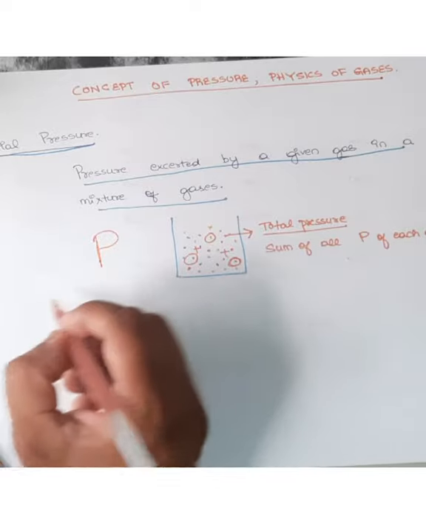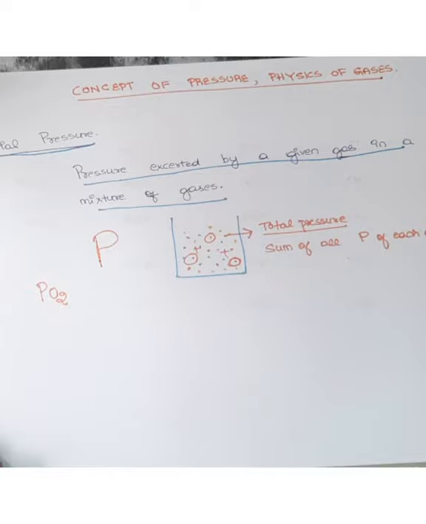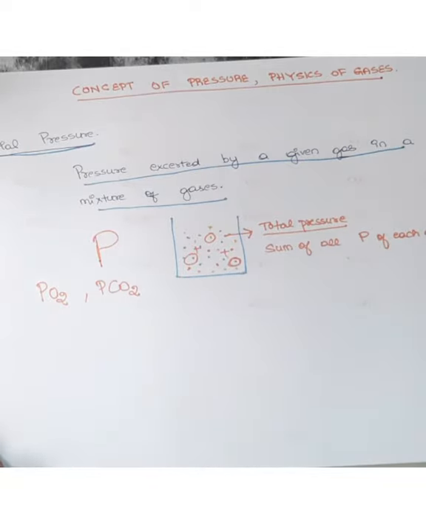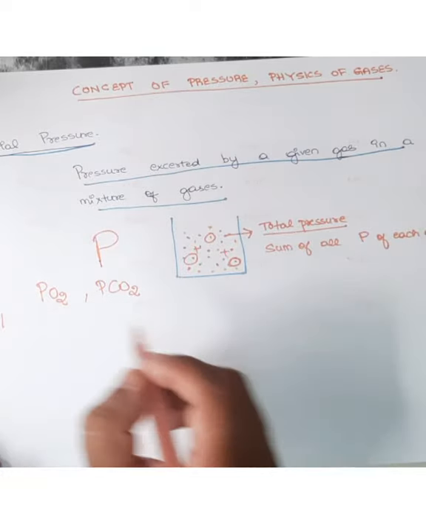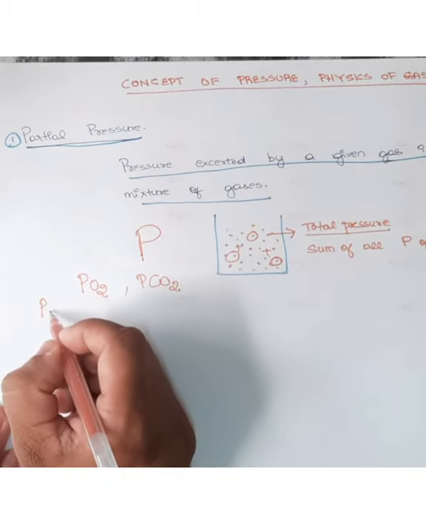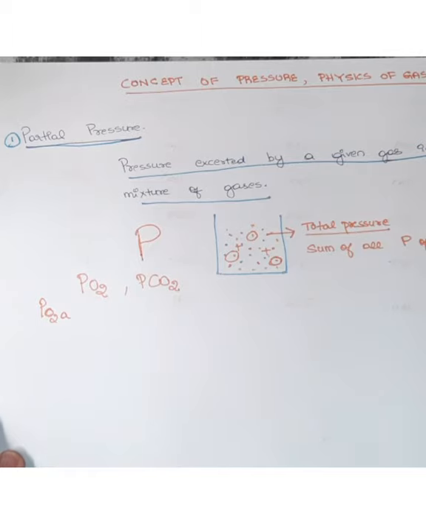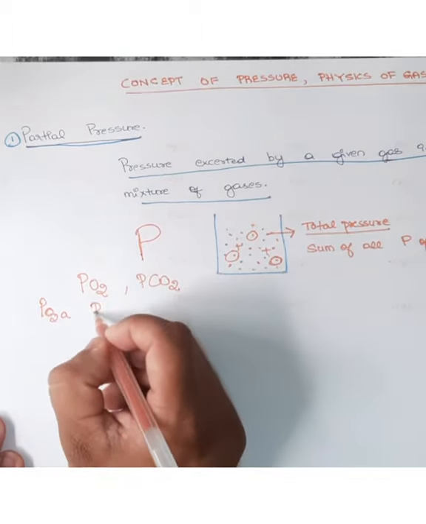For example, PO2 refers to the partial pressure of oxygen, PCO2 the partial pressure of carbon dioxide. Sometimes it can also be designated by the area we are referring to. For example, PaO2 refers to the arterial partial pressure of oxygen.